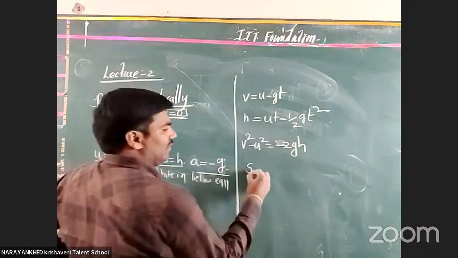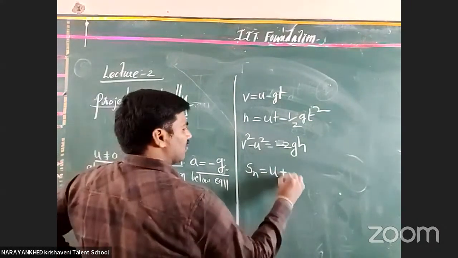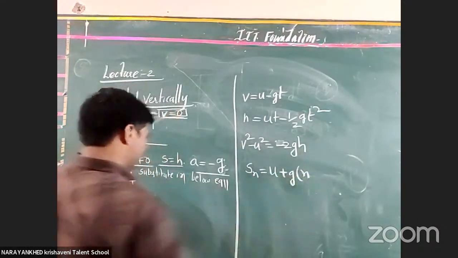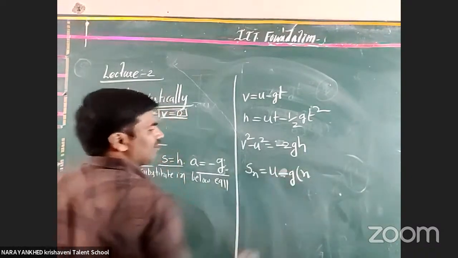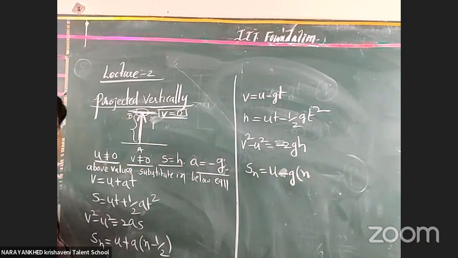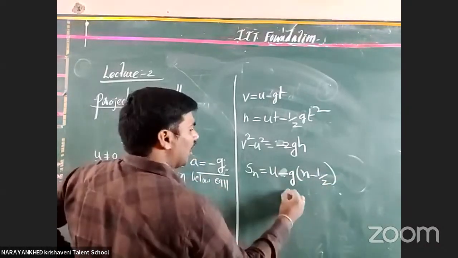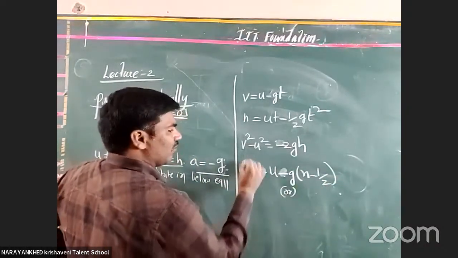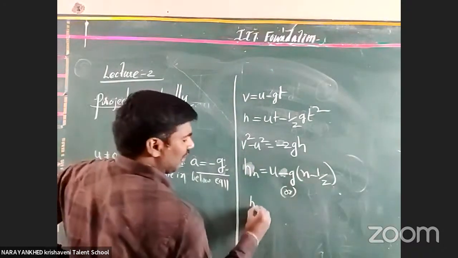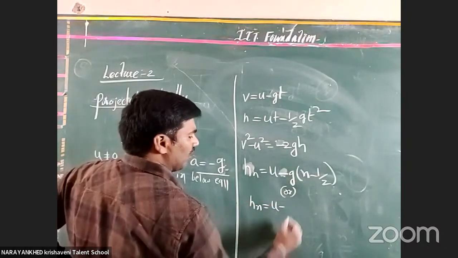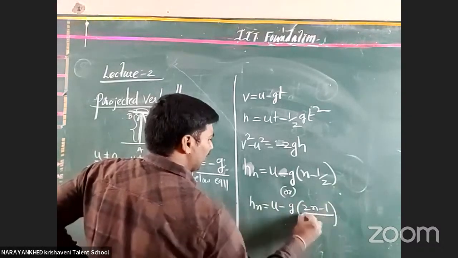And what do we have to write for s_n? u plus a into (2n minus 1) by 2, where a is minus g here, not plus g. So s_n is equal to u minus g into (2n minus 1) by 2.